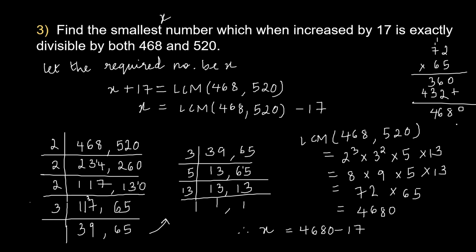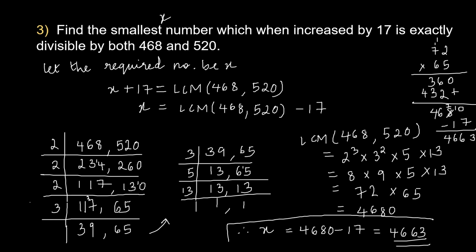If we subtract 17 from this number, we are going to get 3 here, then 6, 6 and 4. So this will be equal to 4663. So this is the number.